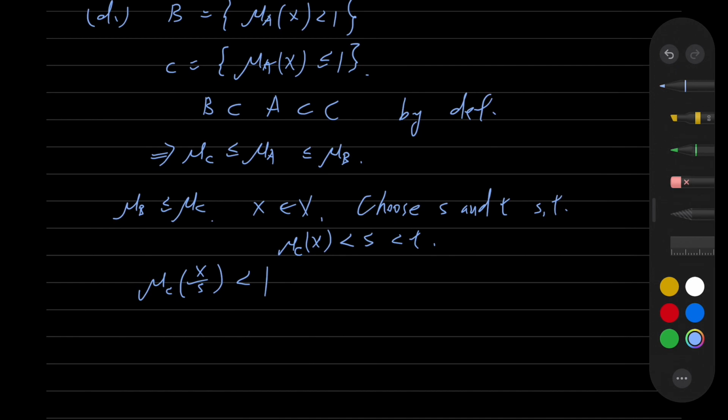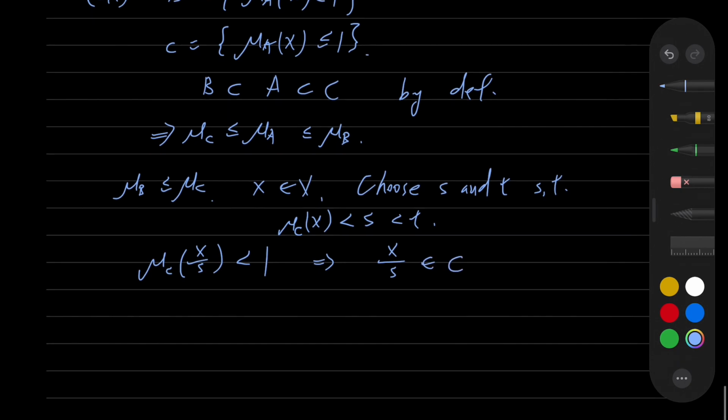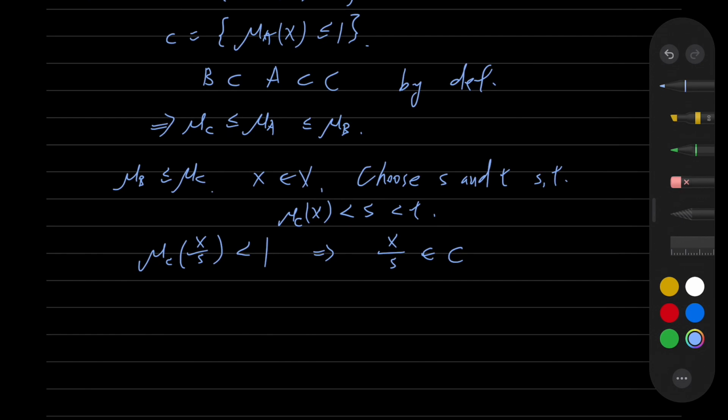Then by definition, this implies that x over s is inside the set C. Then by the definition of the set C, this implies that mu A of x over s is smaller than or equal to 1.